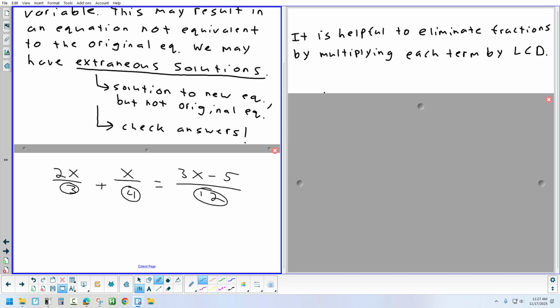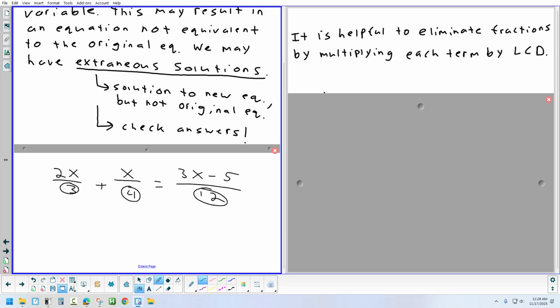So the LCD cannot be smaller than any of your individual denominators. Yeah, 12. And I'm going to think of 12 as 3 times 4. Yes, the least common denominator of those 3 numbers is 12.